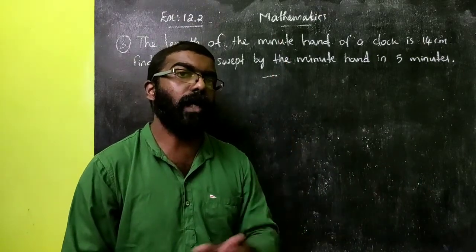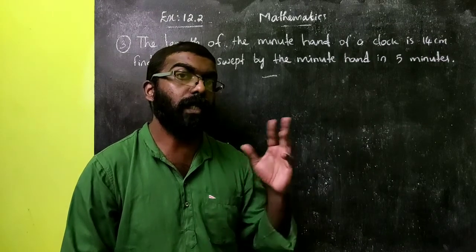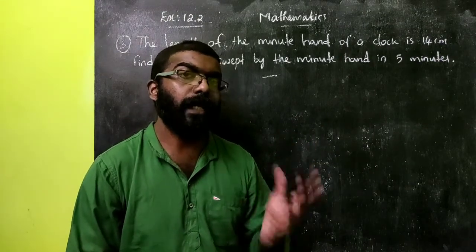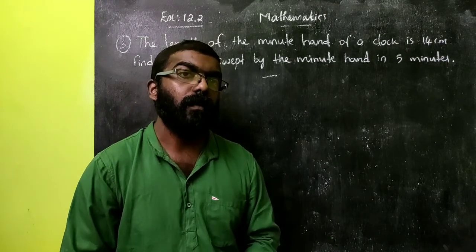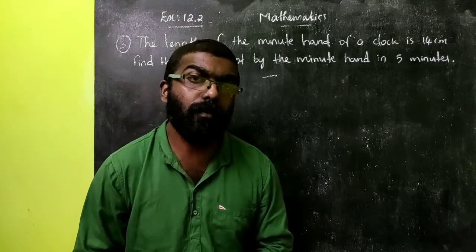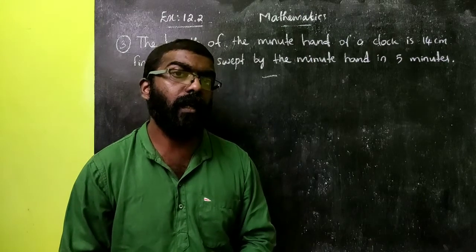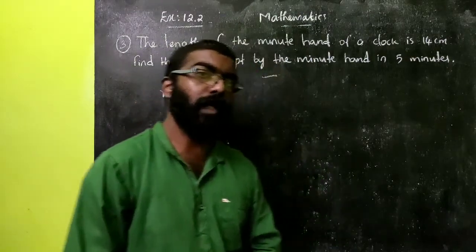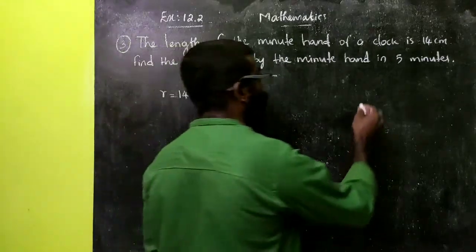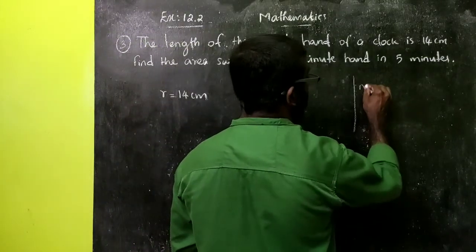In between 12 and 3, there will be 3 equal divisions. So 90 divided by 3, which gives 30 degree. So you can easily remember, the minute hand of a clock moves 30 degree in 5 minutes. And hence 6 degree in 1 minute. Okay, that's an important point you have to keep in mind.